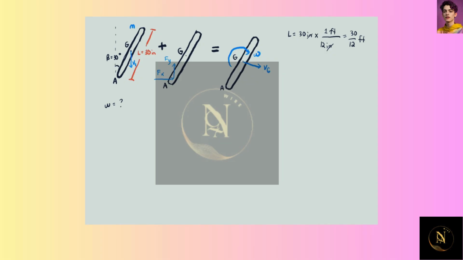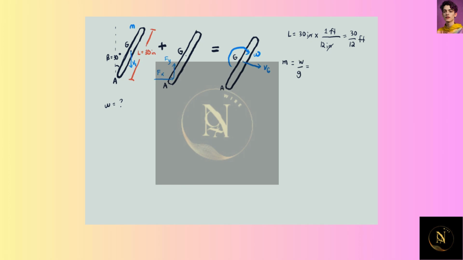So, that's our L. And by the way, the weight of the rod is the one that's given, but we actually need the mass, not the weight. So we'll calculate the mass using the weight. The mass is equal to weight over g.